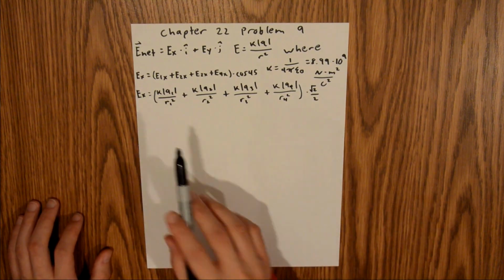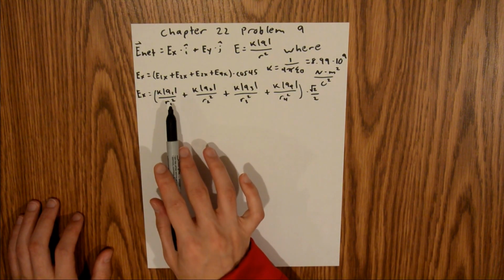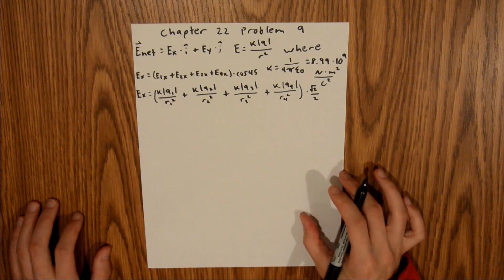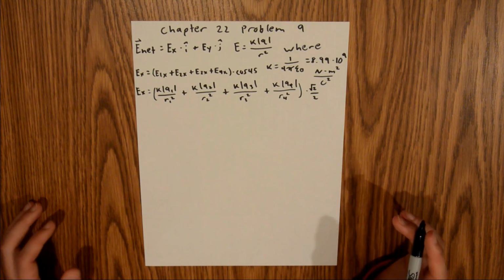And so in this expression we calculated k, and we're given in the problem what our charge values are, and so really we just need to figure out what the r value is.